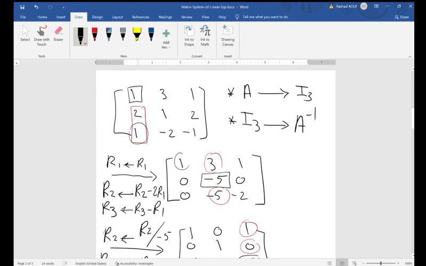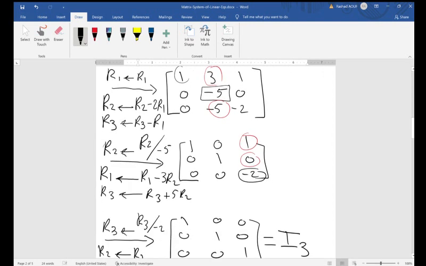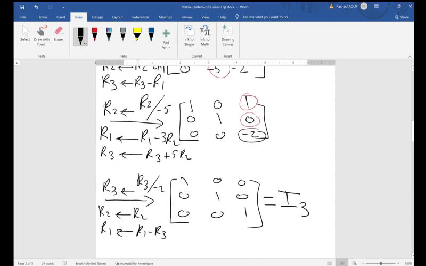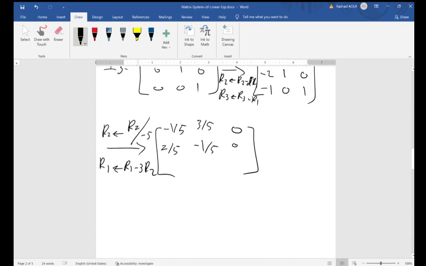Row 3 is row 3 plus 5 row 2, which will be 1, minus 1 and 1.